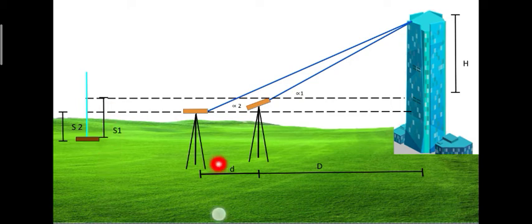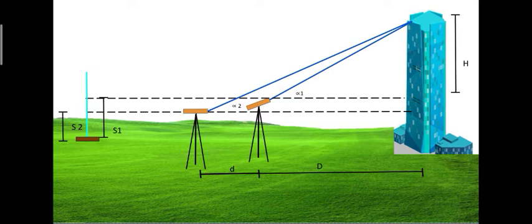You measure the distance between the two station points. You have to calculate the D and H with the help of the formula. We'll tell you the formula. With the help of that formula, you're going to calculate the H and D.